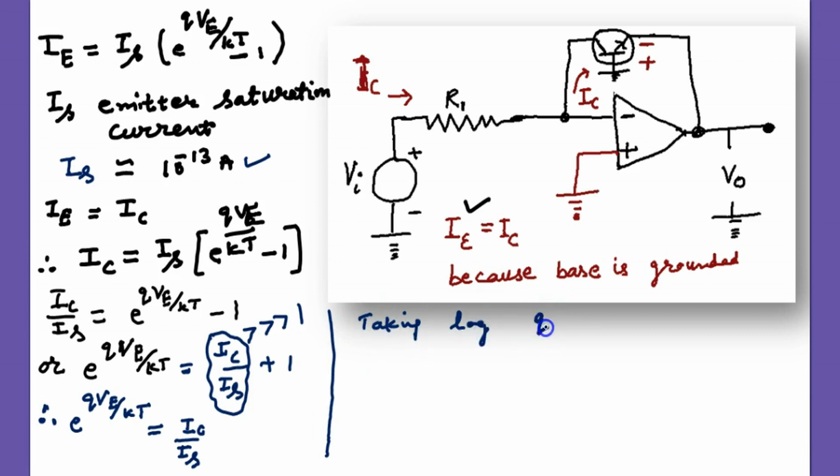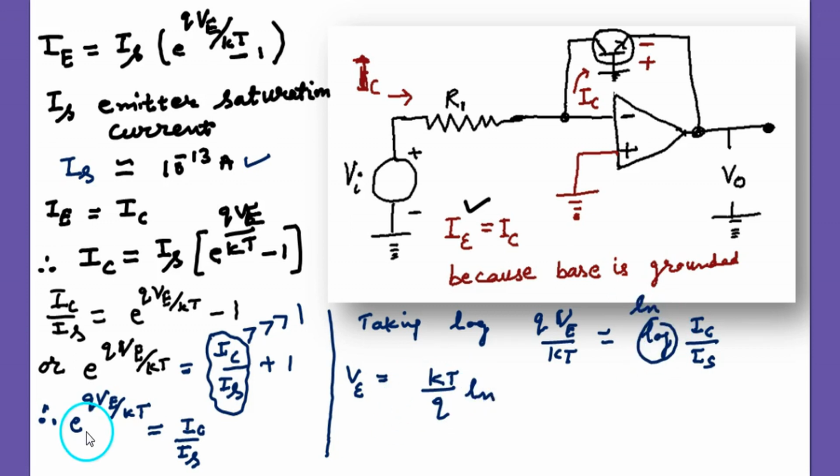Now taking the natural log, ln, to both sides, the exponential and natural log cancel out, and we are left with this parameter and the natural logarithm on this side.